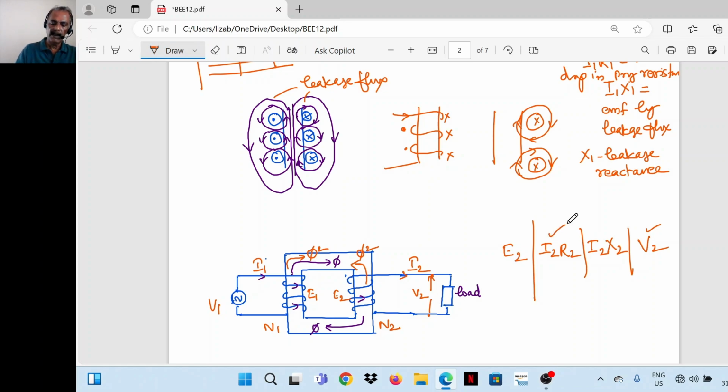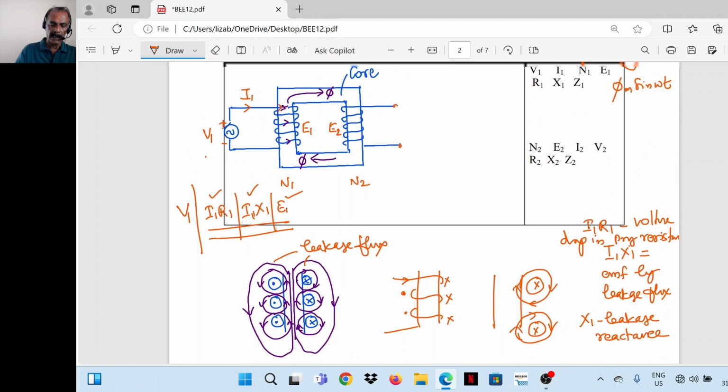So I2 R2 is the secondary ohmic drop or resistive drop. I2 X2 is the secondary leakage reactance drop. V2 is the terminal voltage. So E2 minus these two quantities is equal to V2, phasor subtraction. This X2 is called the secondary leakage reactance.